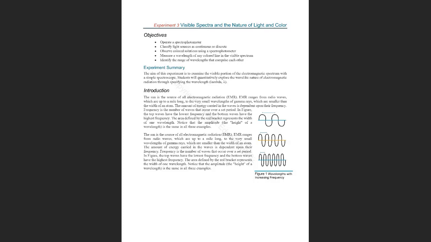ideas about light. So the objectives of today's experiment are: number one, to study the visible portion of the electromagnetic spectra. Number two, to recognize different light sources as continuous or discrete.